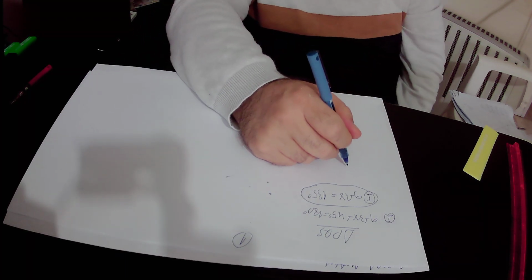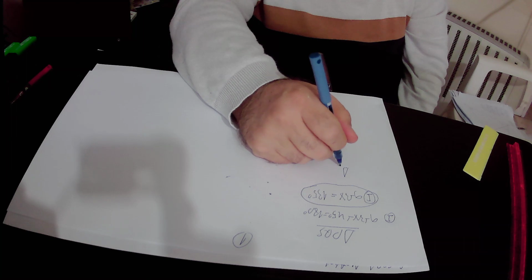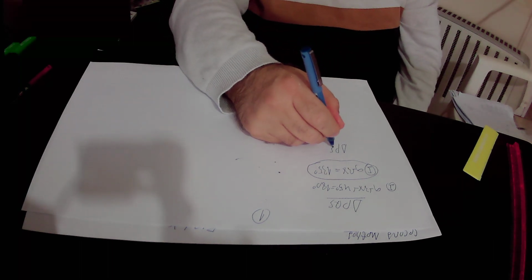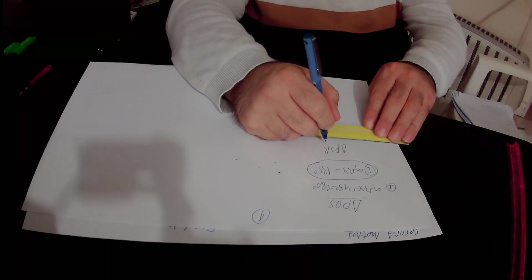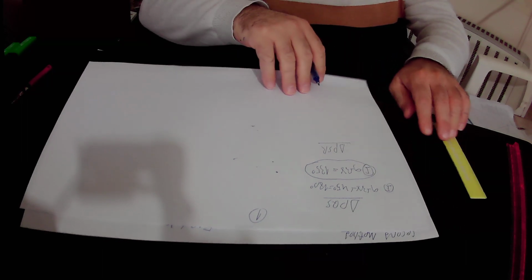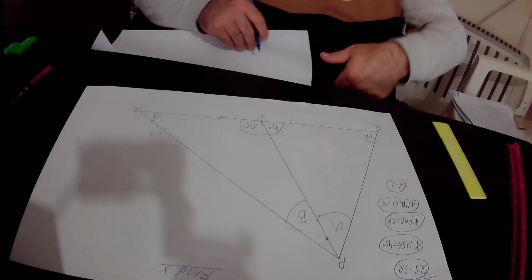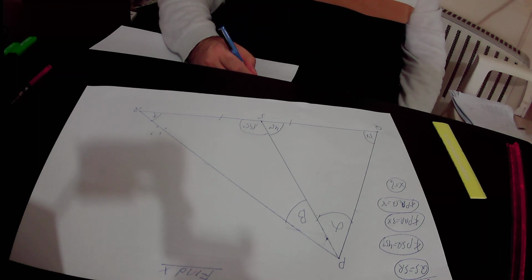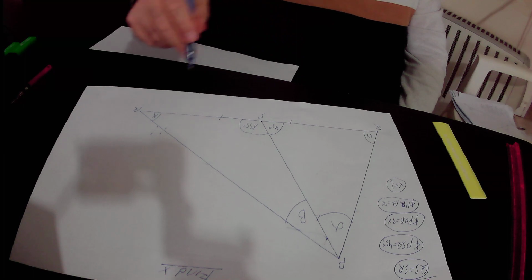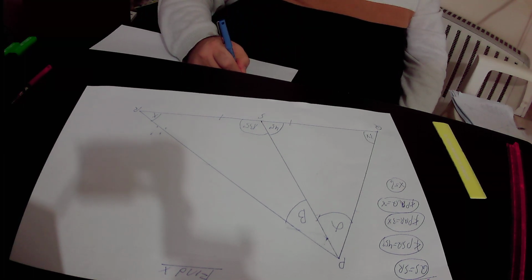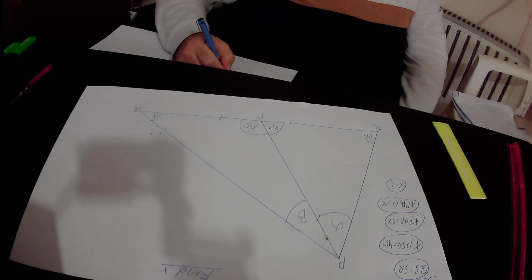Likewise, we know that the sum of the angles in triangle PSR must be equal to 180 degrees, and the sum of the angles in triangle PSR will be beta plus x plus 145 degrees. The sum of those angles must be equal to 180 degrees.